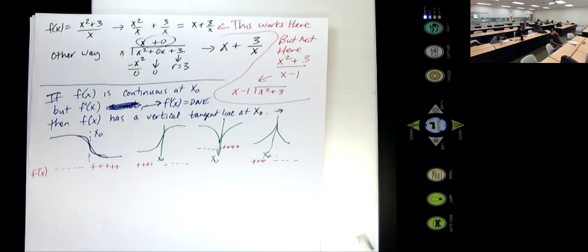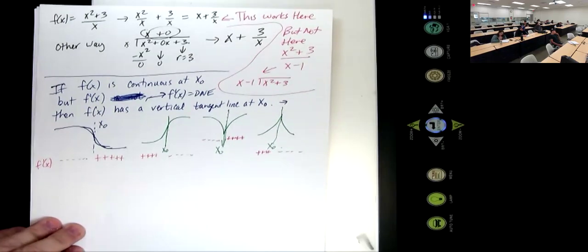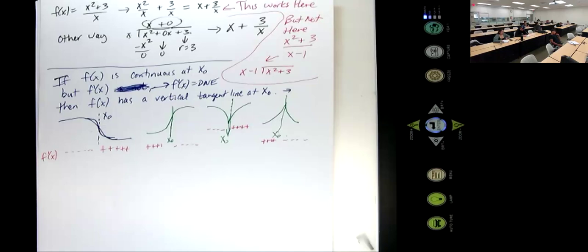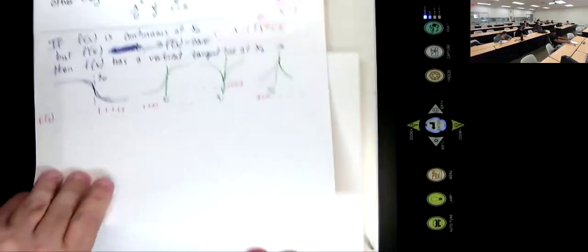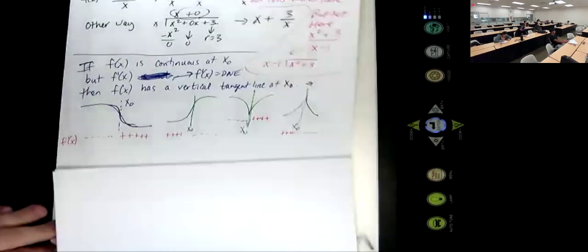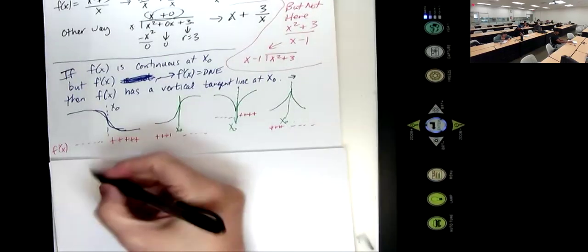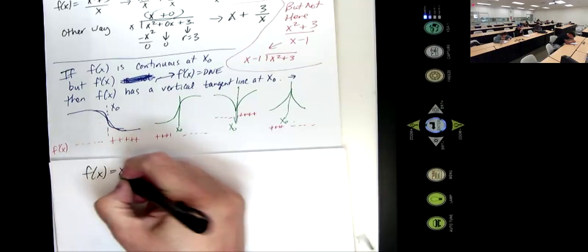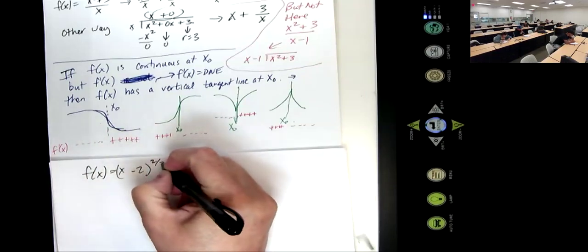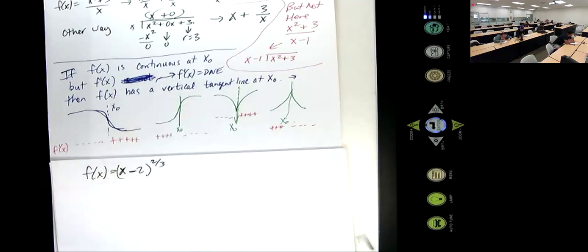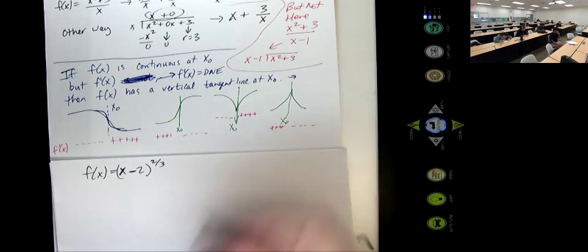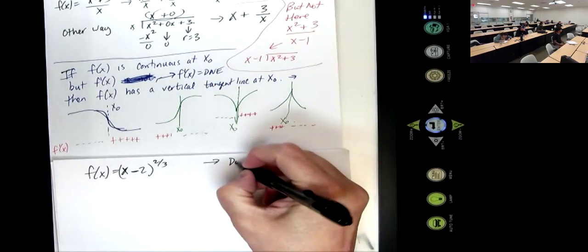An example is probably the easiest way to see what's going on. So let's take, I'll do another page here. f of x equals x minus 2 to the 2/3. There's no negative exponent here, so there's nothing in the denominator, which means this has a domain of negative infinity to infinity.